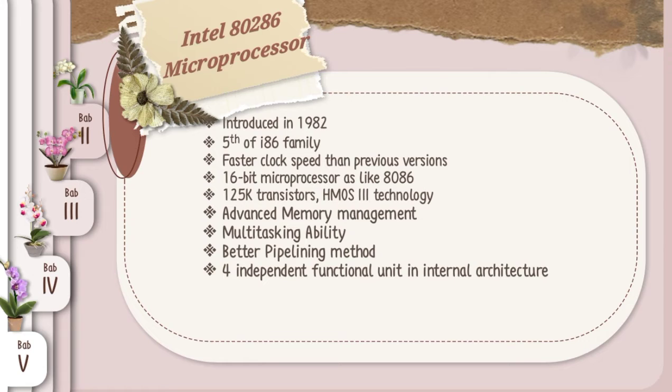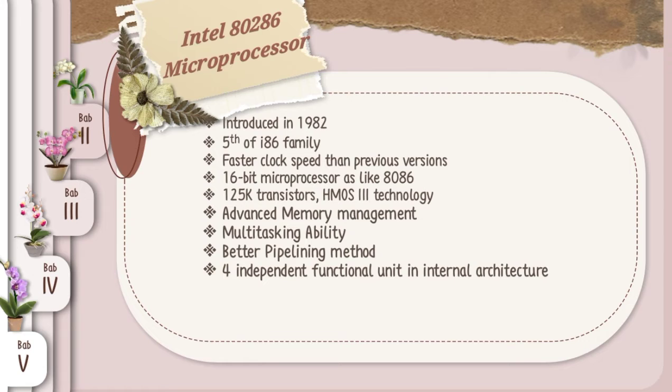And it has HMOS III technology. This one also has advanced memory management and is said to be the first with memory management and wide protection activities. It can also do multitasking and a better pipelining method.